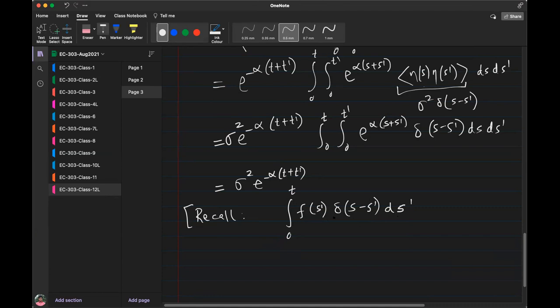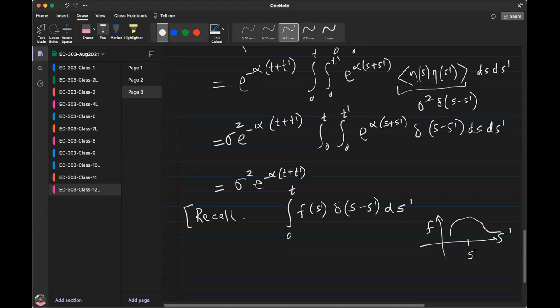Now we know the property of the Dirac delta function. It's 0 everywhere except when s is equal to s prime, right? What this means is that I have taken a function. Let's say this function f has some features like this.